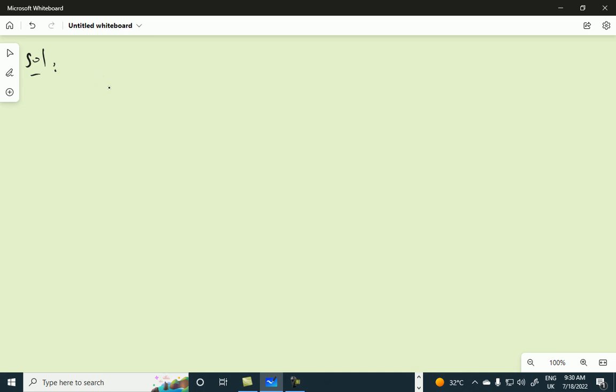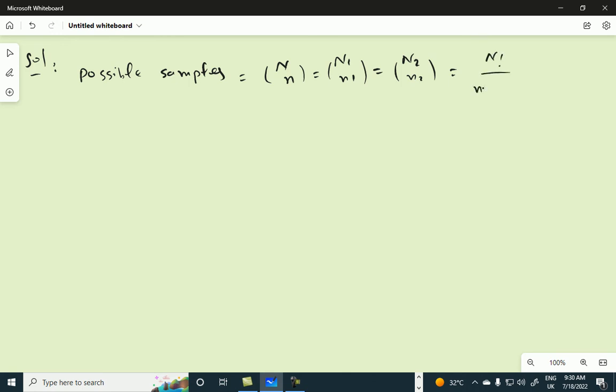Since this is sampling without replacement, the number of possible samples in each case will be N choose n, which is equal to N1 choose n1, which is also equal to N2 choose n2. The reason is that both the population sizes and the sample sizes are equal. By the formula, this is N factorial divided by n factorial into (N minus n) factorial.